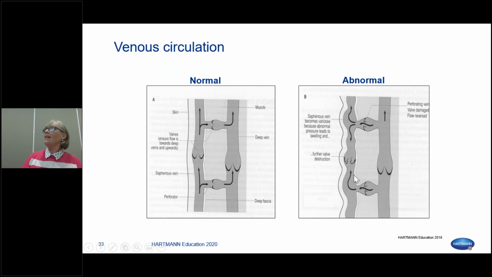Over on the right-hand side, you can see the valves are not working properly. They're incompetent as a result of the saggy, baggy walls of the veins, leading to a build-up of pressure in the veins themselves, which leads to the leaching of fluid out into the surrounding tissues. That's abnormal venous circulation.